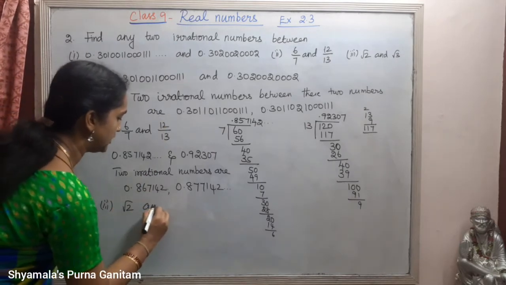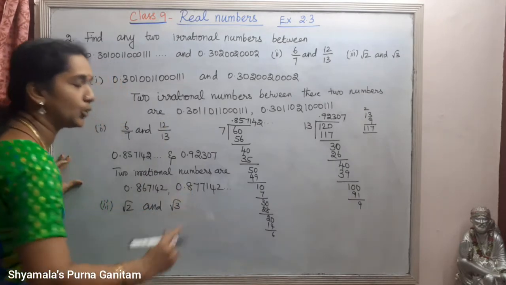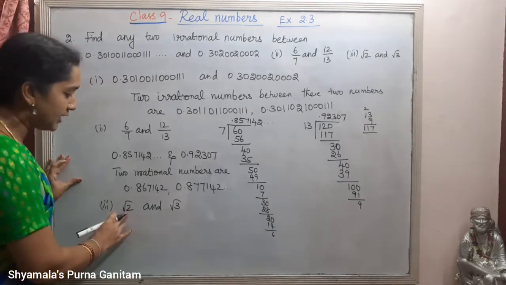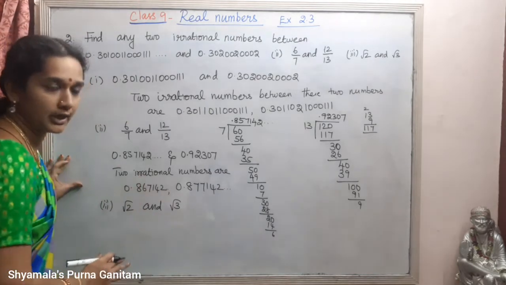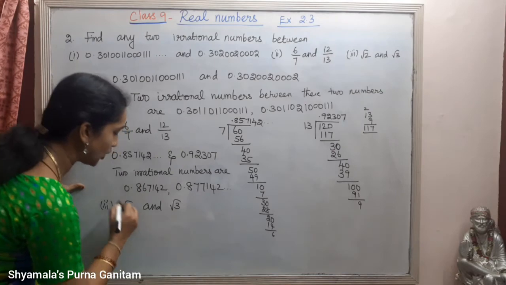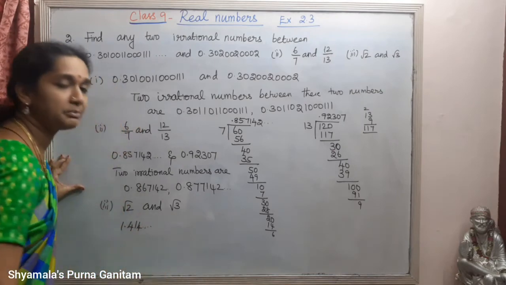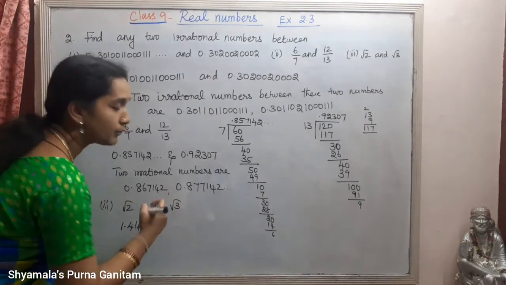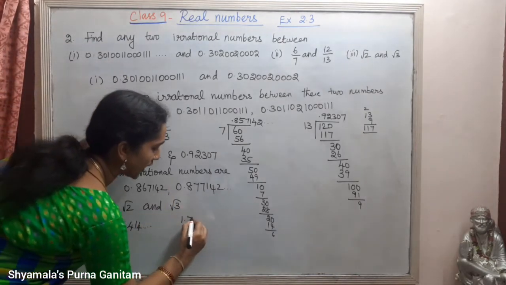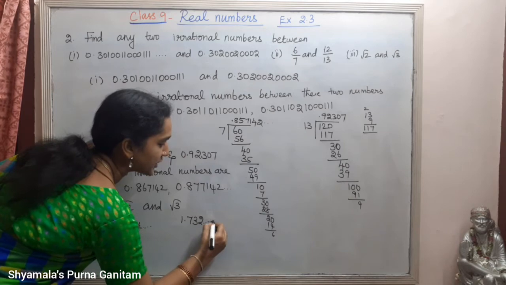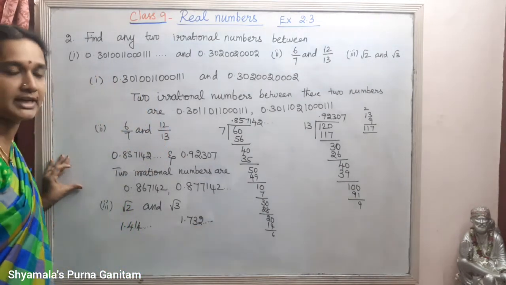Between root 2 and root 3 we are asked to write two irrational numbers. We know the value for root 2 and root 3, so I am writing it directly. For root 2 it is 1.414. After that many numbers we are getting. Then for root 3 it is 1.732. After that we will get many decimal numbers.